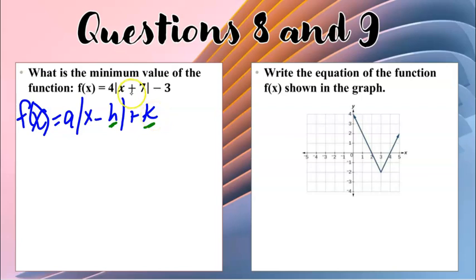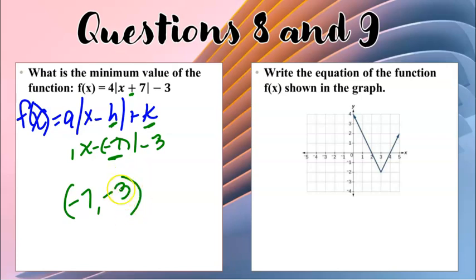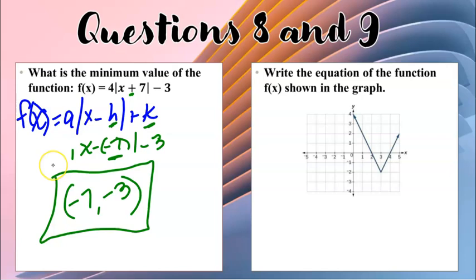Since I have a plus sign right here, that's really saying x minus a -7 in the absolute value here. And then I have this -3. So my h is going to be -7, or my x is going to be -7. My k is my y value of my vertex, which will be -3. So the minimum value would be -7, -3.